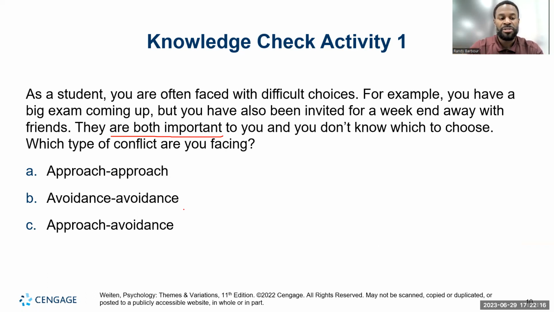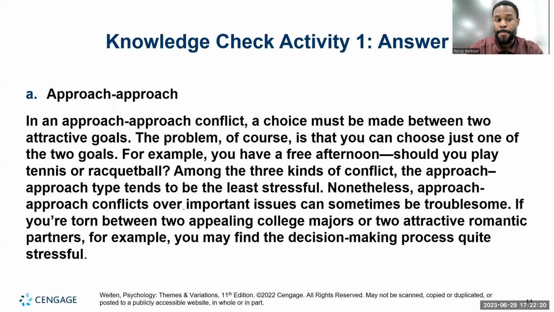In this particular example, you should have chosen letter A, because both of them are something that you want to do, right? They're a conflict, but over very important issues. It says, if you're torn between two appealing college majors or two attractive romantic partners, you may find the decision-making process quite stressful.